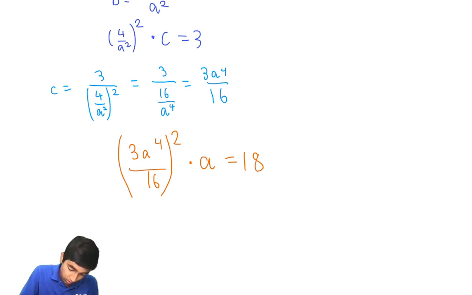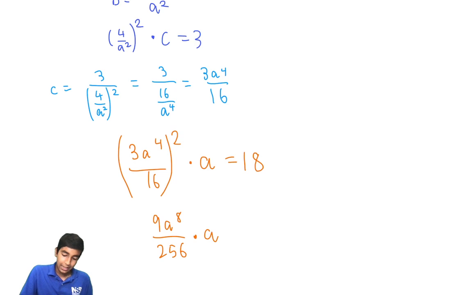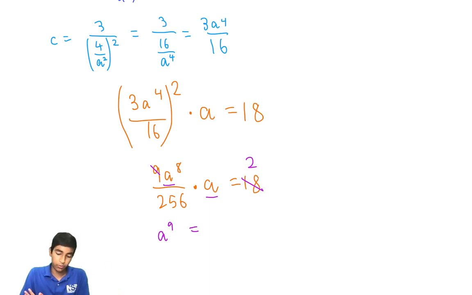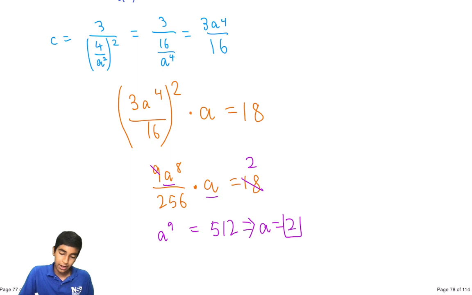This will be equal to 3a to the 4th squared, which is 9a to the 8th over 256, times a equals 18. Let's cancel out a factor of 9 from both sides. And then we rewrite this as a to the 9 equals, because a to the 8 times a, 2 times 256, which is 512. So a is just 2, because 2 to the 9 is 512. And that's our answer, because we're asked to find a.